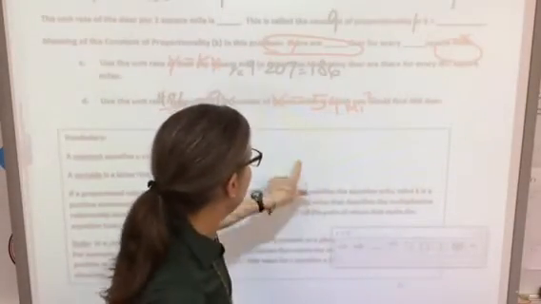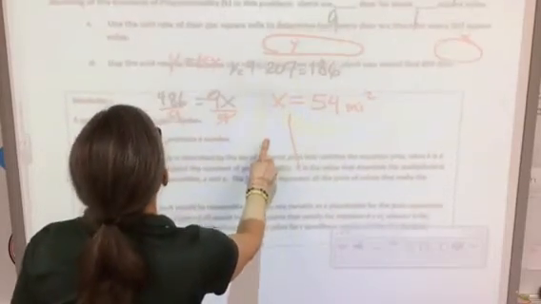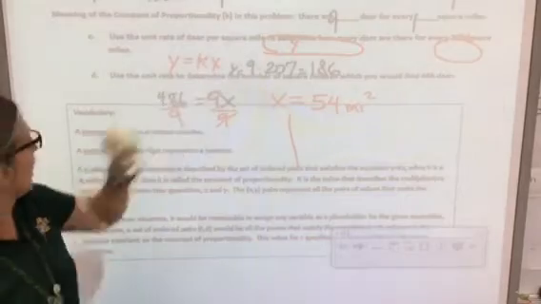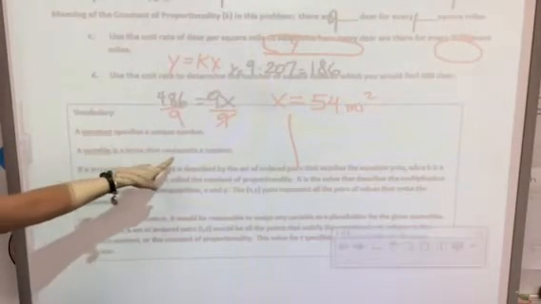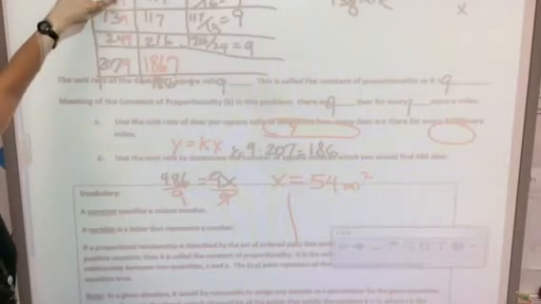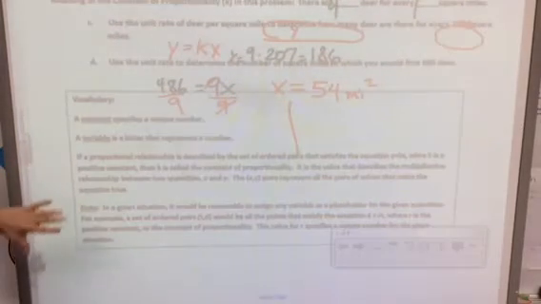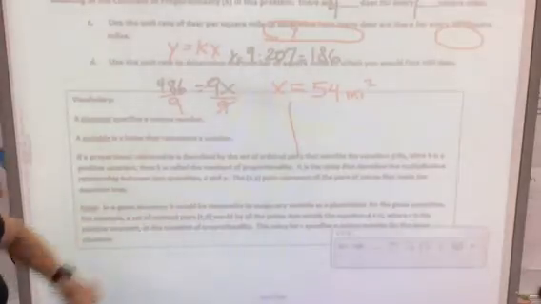A constant specifies a unique number, and k is going to be our constant here. A variable is a letter that represents a number. So our variables changed, they varied, and then 9 was my constant all the way through. That's why it's called the constant of proportionality. All right, so you can go ahead and finish reading that.